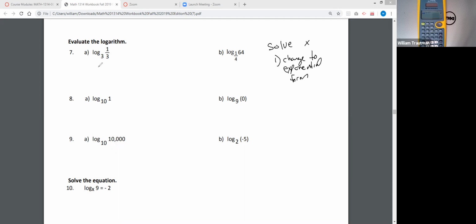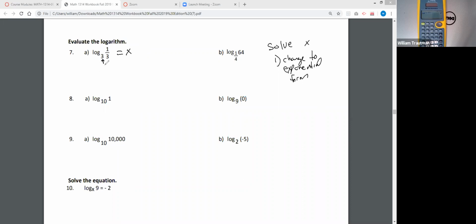So in other words, we want to try to find out what it equals. Do you see? We're trying to find out what it equals. If we don't see anything there, we say this just equals x because we're trying to find x here. Log base 3 of 1/3 equals something. So let's change it to exponential form.